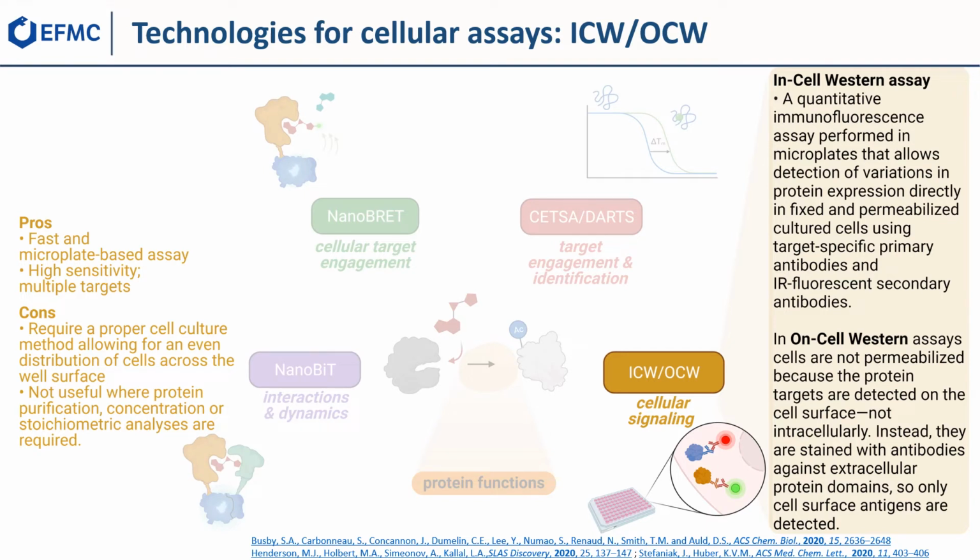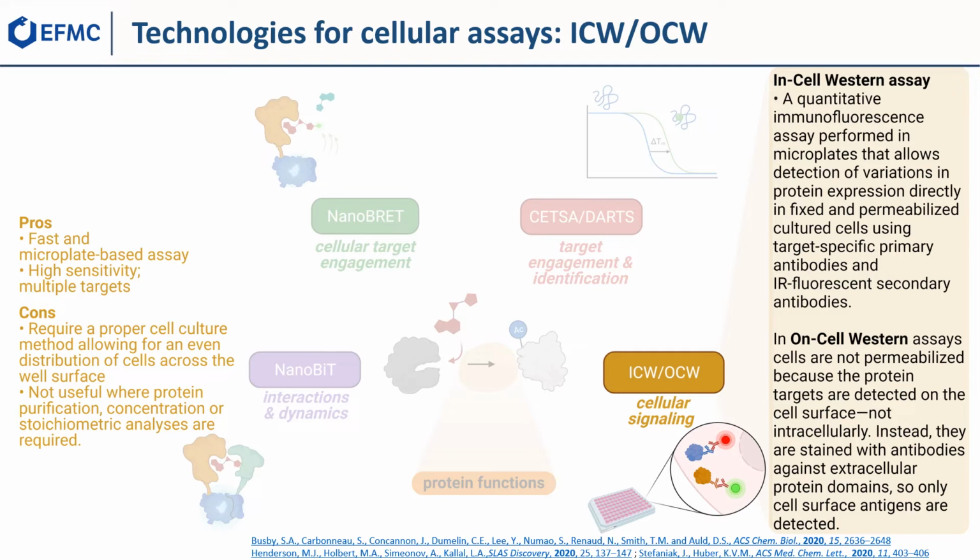On-Cell Western assays are cell-based assays that enable quantitative monitoring of cell surface protein expression. Like In-Cell Western assays, they are performed in microplates, and the main difference between the two methods regards the permeabilization step. In fact, with the In-Cell Western assays, cell membranes are permeabilized after cells are treated and fixed, so antibodies can reach antigens inside the cell.